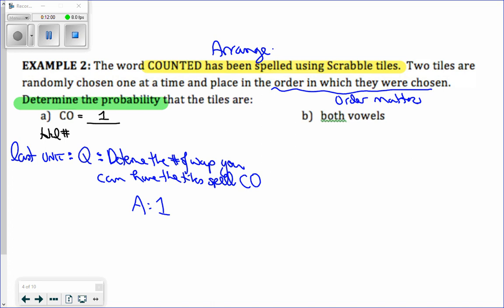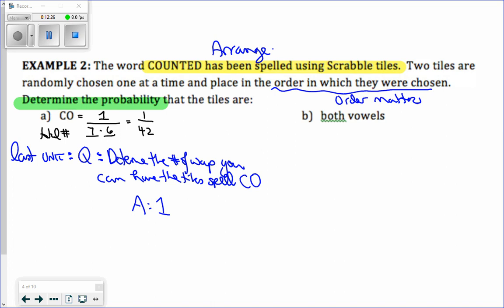How many tiles are you arranging? 2. How many choices do you have for your first tile? Nope, 7. Because it's what you want over everything that could possibly happen. And then how many choices do you have for the next tile? 6. So it's 1 over 42.